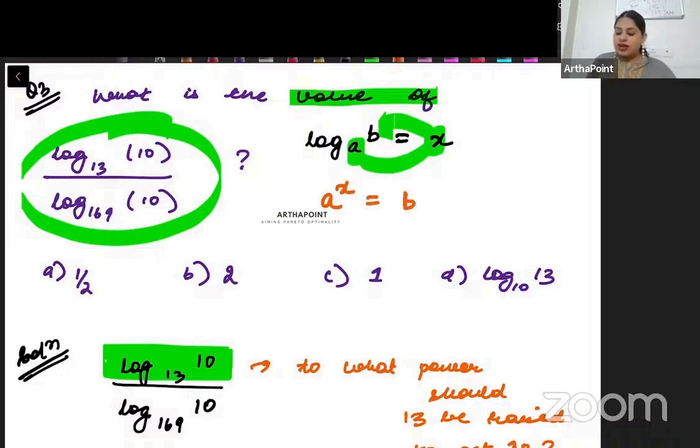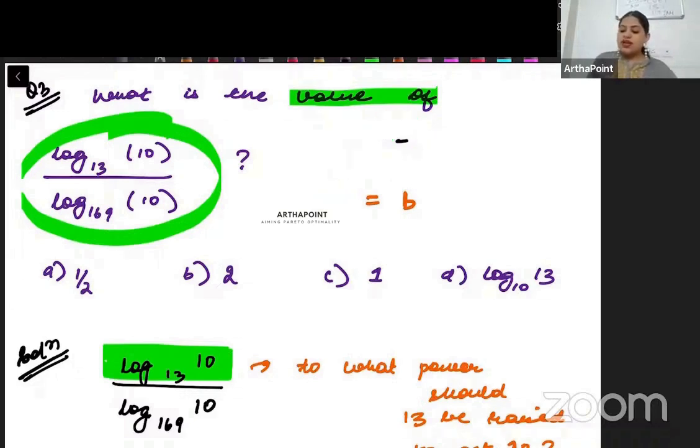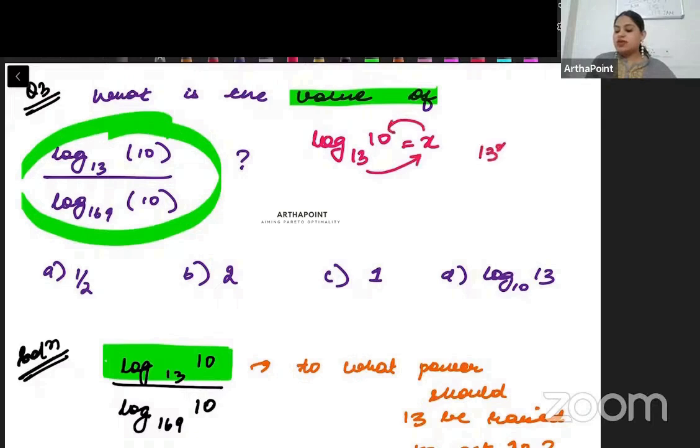So beta, suppose I tell you that log 10 to the base 13 is x. It means to what power should 13 be raised to get 10? So 13 should be raised to the power x to get 10. Similarly, to what power should 169 be raised to get 10? So 169 when raised to the power of y will give you 10.